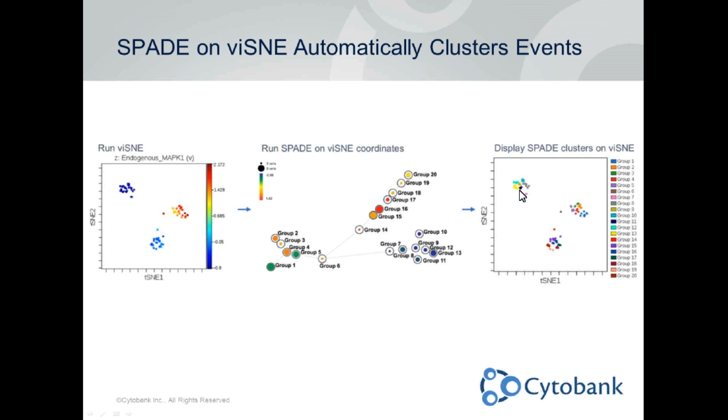This basically objectively clusters these groups. There's no manual gating involved, and now we have each of these subpopulations inside of these larger samples grouped for us for further investigation. So you can get a little fancy, and just like other kinds of data in Cytobank, you can link our algorithms together.